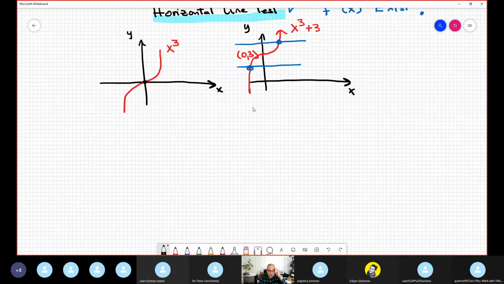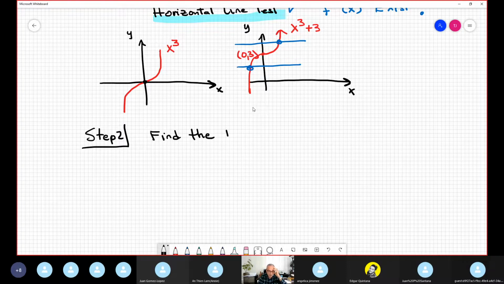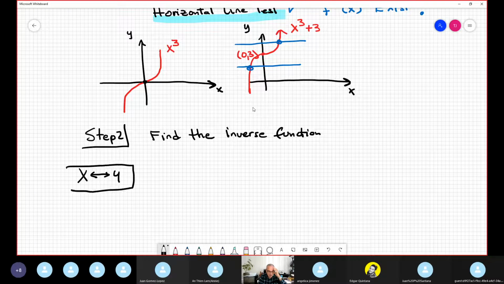Step 2: find the inverse function. It's easy. Look, let me show you. The key idea is this: interchange x and y.